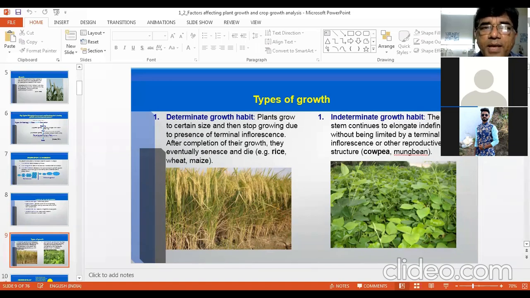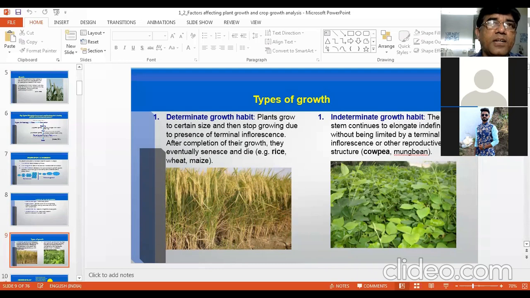In indeterminate growth habit, the main stem continues to elongate indefinitely without being limited by a terminal inflorescence or other reproductive structure. So in indeterminate growth habit, the plant will start the vegetative phase, and then the reproductive phase may come in between the vegetative phase.